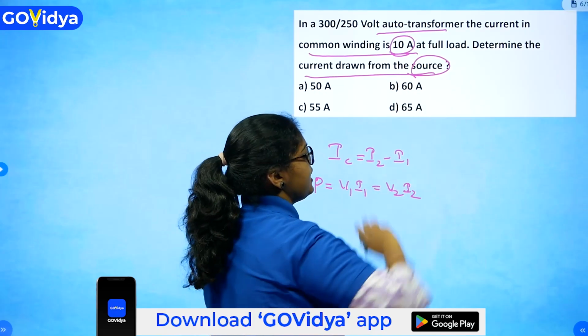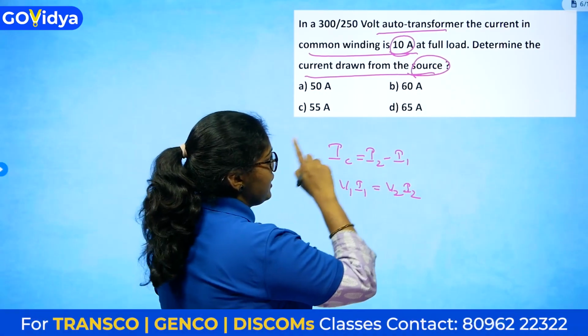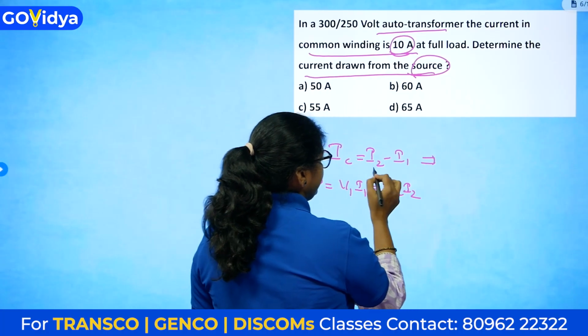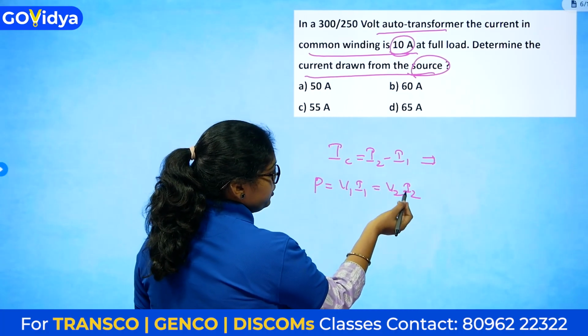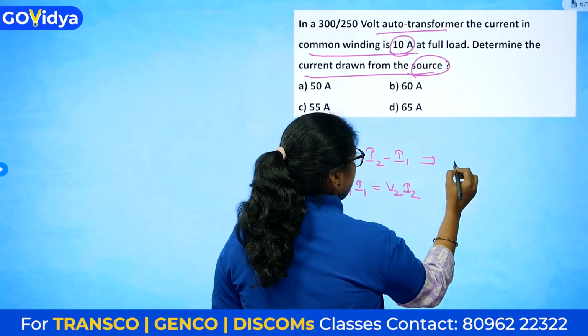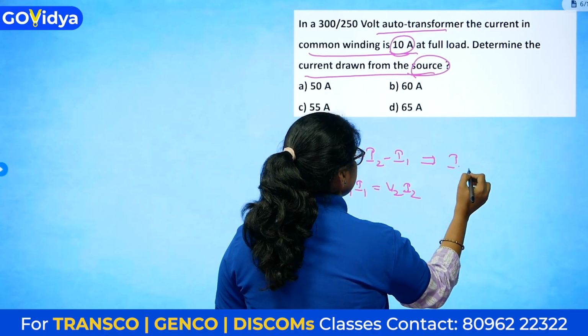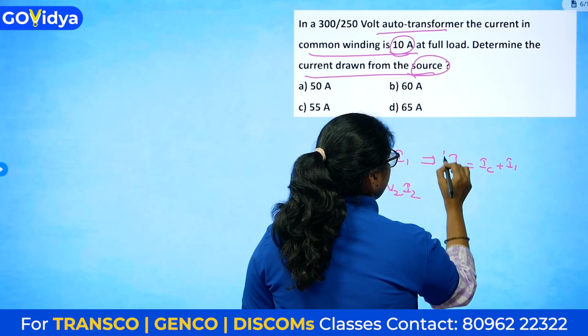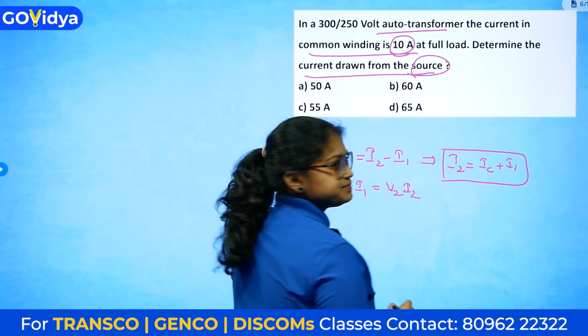From the source means the current is I1. So we have to calculate the current I1. But in terms of I1 you have to write I2. So I can write I2 is equal to IC plus I1.